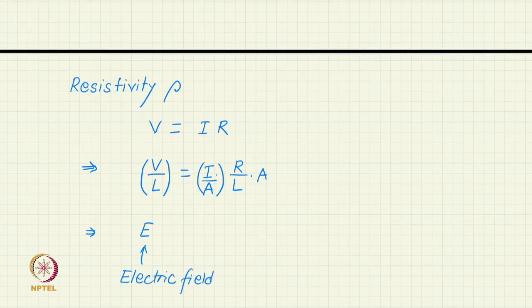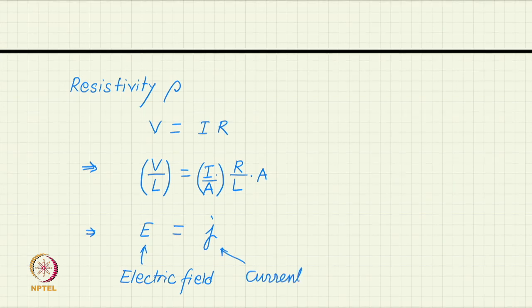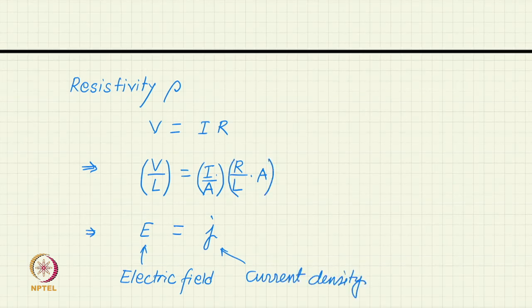And I by A can be written as J, which is the current density. And you can see R A by L we had defined. R is equal to rho L by A. So, rho is exactly R A by L. So, we can write this quantity as the resistivity.